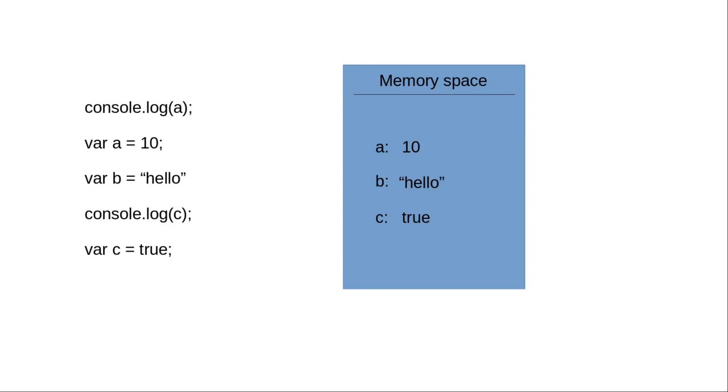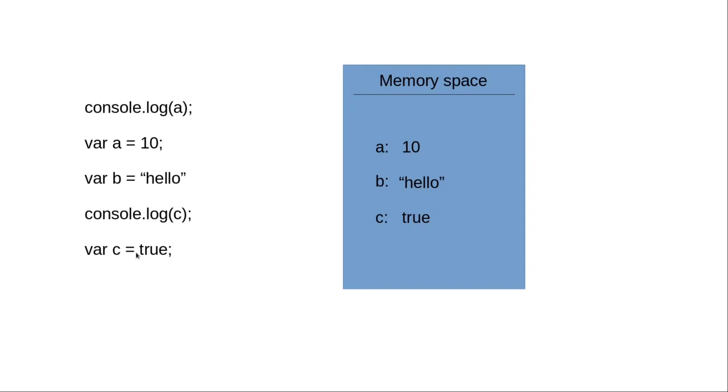And yes, this also explains variable hoisting. Variables are moved to the top of the program, and moving to the top doesn't mean that the variable declarations are actually moving to the top. The lines of code, variable a, variable b, variable c, will remain here only.